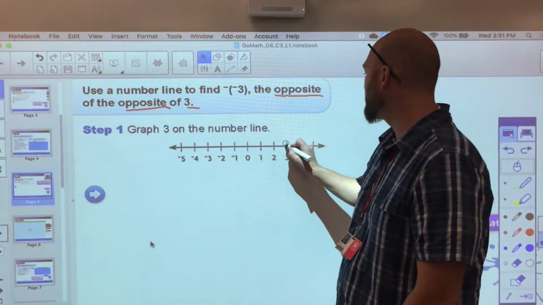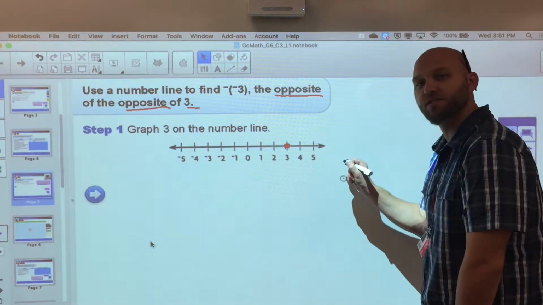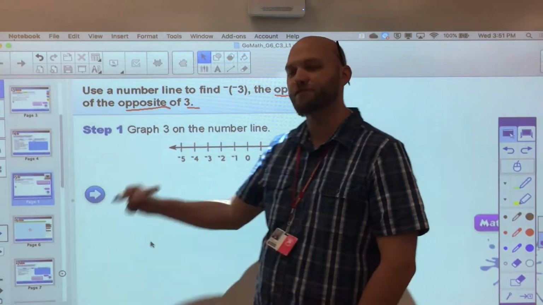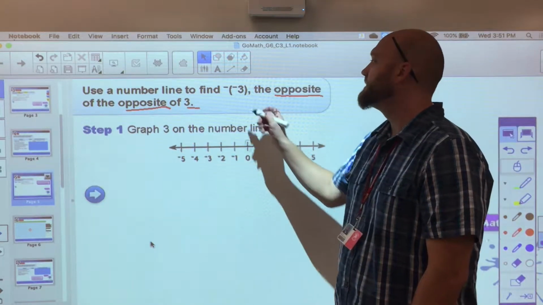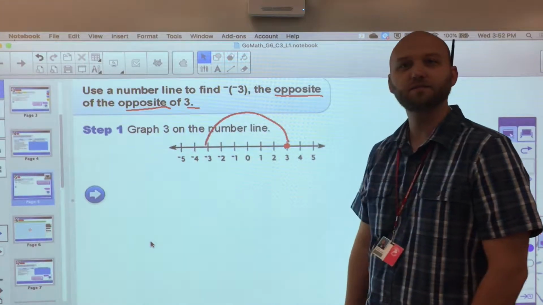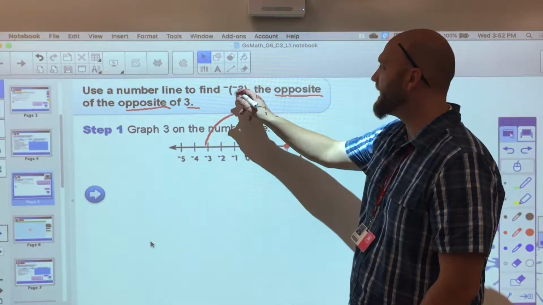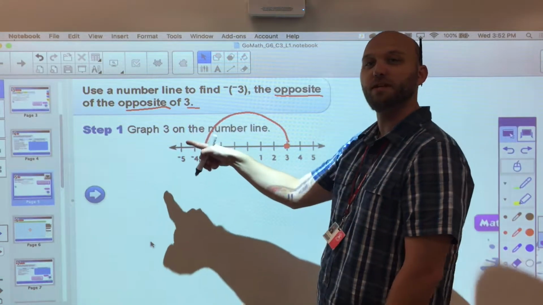So graphing 3 on the number line, I know that all positive numbers are to the right of 0, and all negative numbers are to the left of 0. So if I'm at 3, and I want to find negative 3, I go here. And now I'm at negative 3, and I need to find the opposite of that.